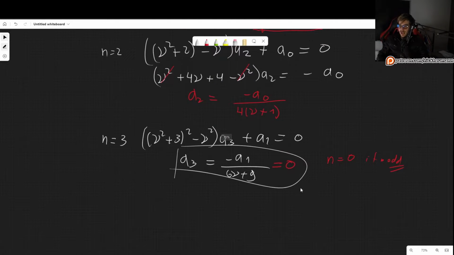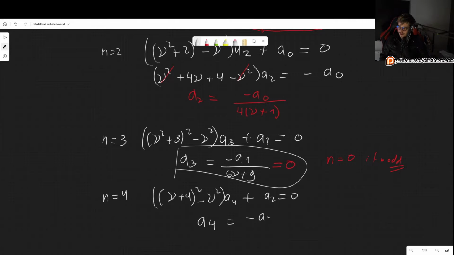So let's go for n equals 4. Here we get ((nu plus 4) squared minus nu squared) a4 plus a2 equals 0. So again, the nu squares will cancel out, so we get a4 equal to minus a2 divided by, I'm going a bit faster, 8 nu plus 16, which we can write as 8 times (nu plus 2).